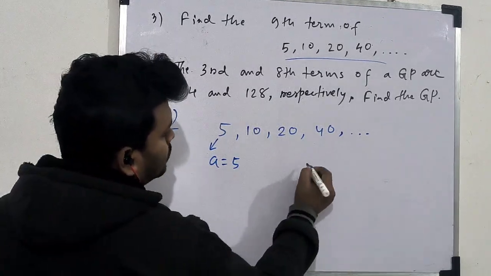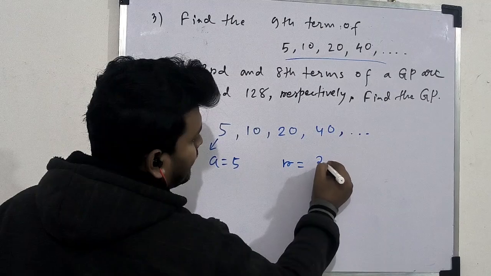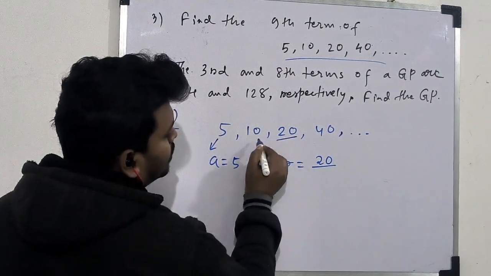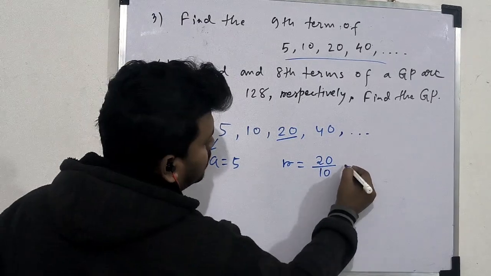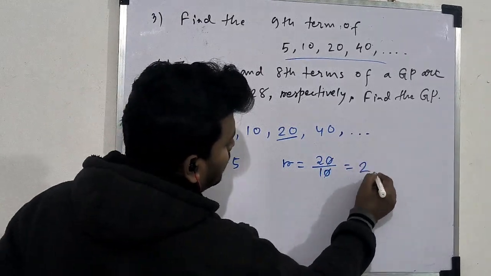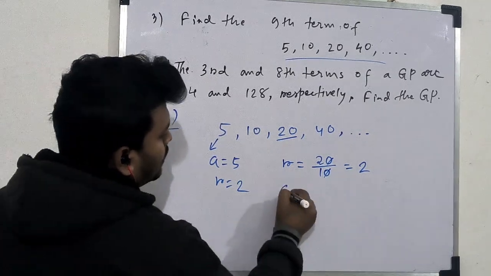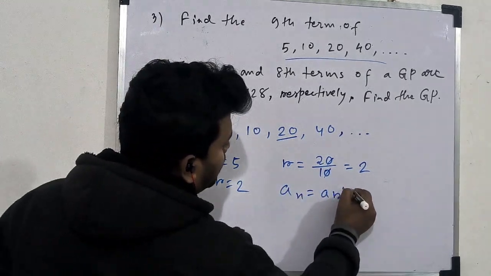So for the common ratio, divide any term by the previous term. So we divide 20 by 10. We will get the common ratio. So r equal to 2. And we know that an equals a into r to the power n minus 1.